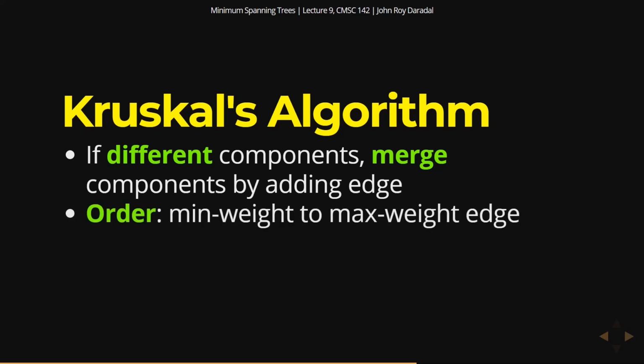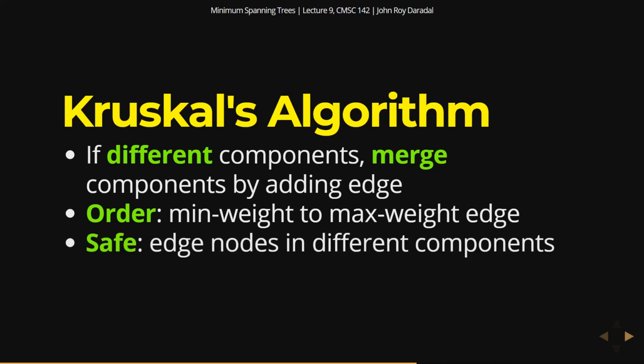We go through the edges in ascending order from min weight to max weight edge. The safe edges are those whose endpoints are in different components. If they are different, then it's safe to add them to the MST.